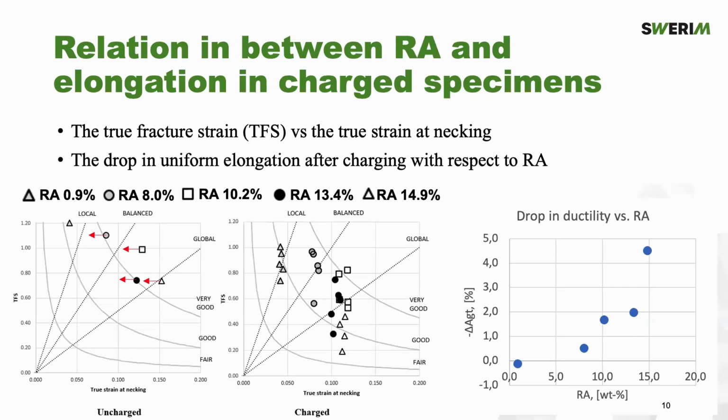And this can also be seen when you plot the uniform elongation after charging with respect to the retained austenite. The severity of the changes has a very strong correlation with the retained austenite, as you can see here.